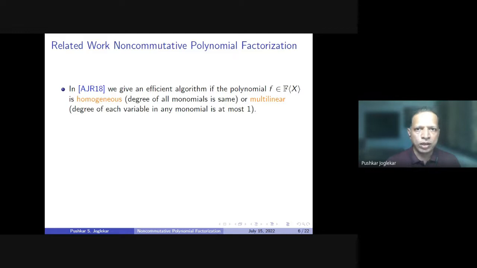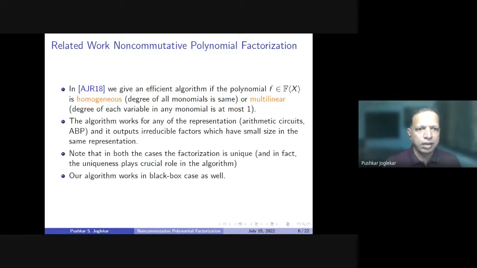In the non-commutative case, not much is known. There is one work, our work with Gaurav Rattan, where we study the problem of factorization of a polynomial if the polynomial is either homogeneous or multilinear. In this case, we provide an efficient algorithm.